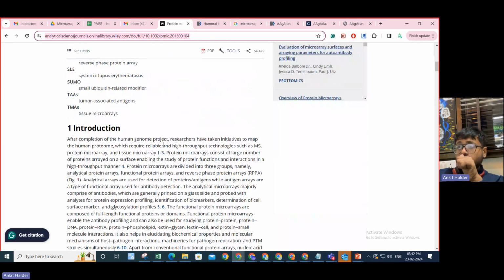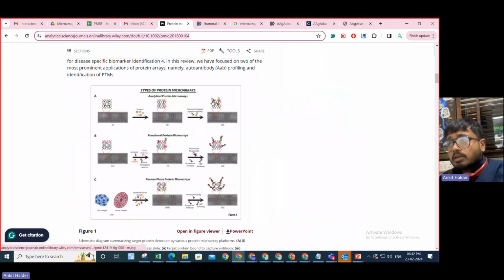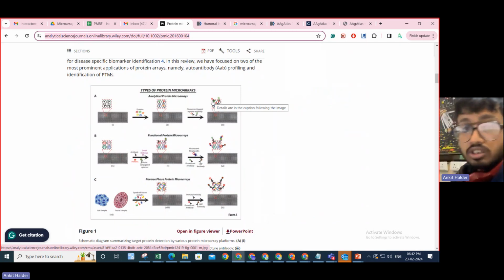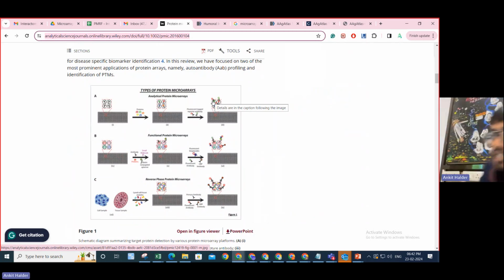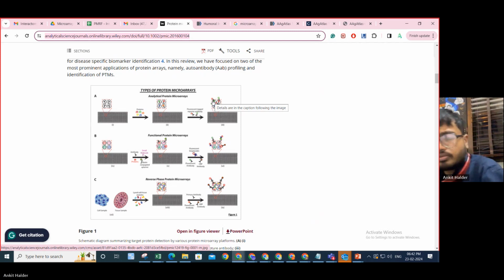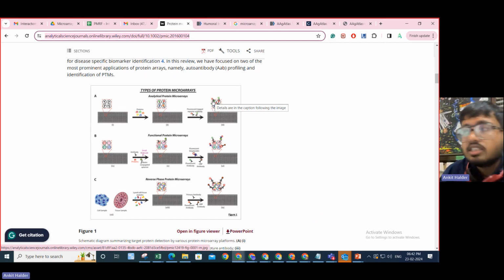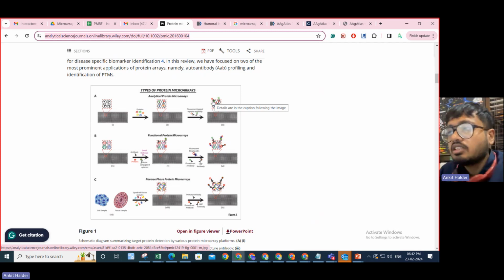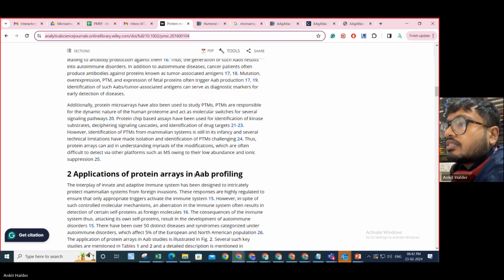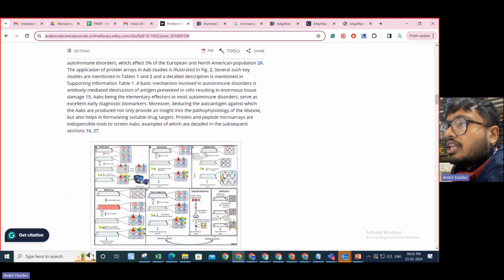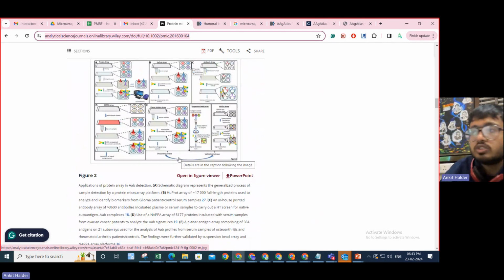about the human genome, the types of protein microarrays, which we have discussed a lot in the previous phases: the analytical protein microarrays, functional protein microarrays, and the reverse phase protein microarrays. Then autoantibody profiling; this figure we have already shown to you.